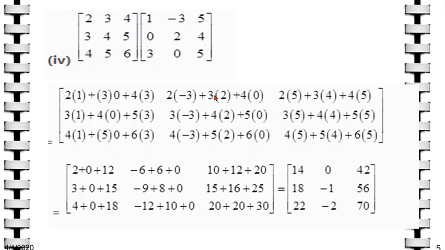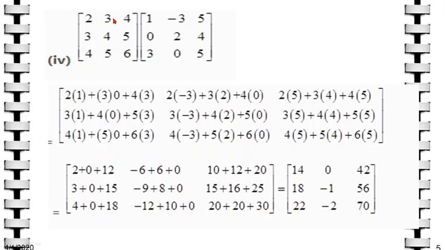This element is A12. It means first row and second column: 2 into minus 3, 3 into 2 and 4 into 0, and add them and write here. This is A13, which means first row and third column.